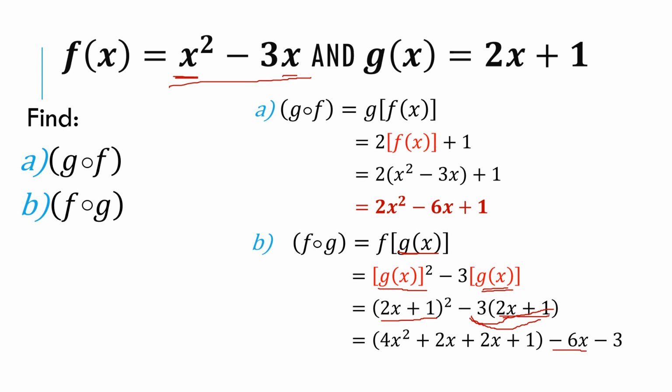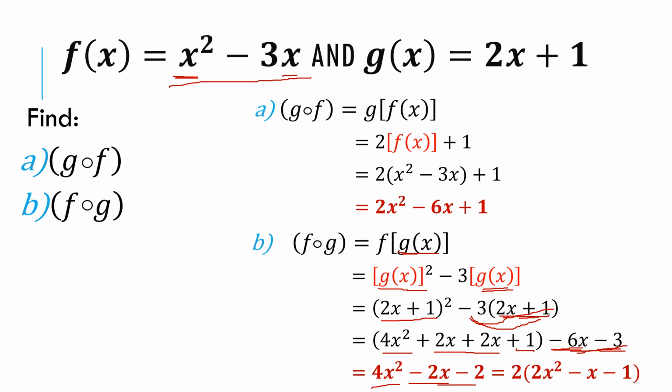Negative 3 times 1, so negative 3, kaya minus 3 dyan. And then, let's combine like terms. Okay, na-combine natin ng like terms. So, itong 4x squared, yan lang siya. And then, lahat ng may x, so 2x plus 2x minus 6x. The answer is negative 2x. And then, 1 minus 3 is negative 2. Meron silang common factor na 2, so pwedeng ito yung sagot.